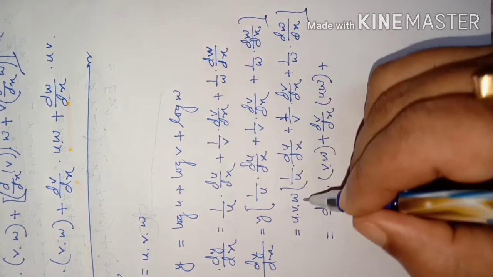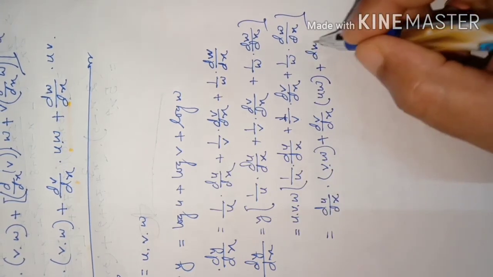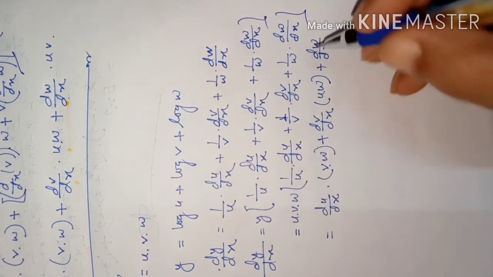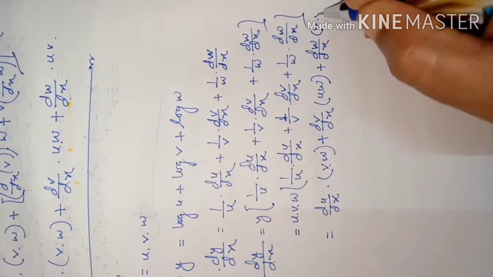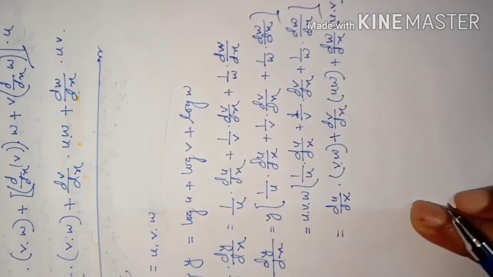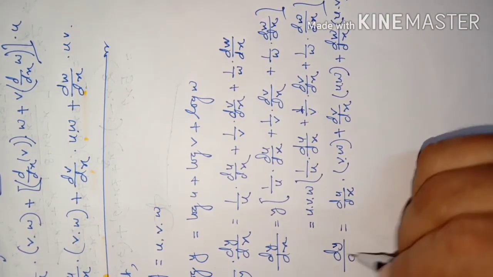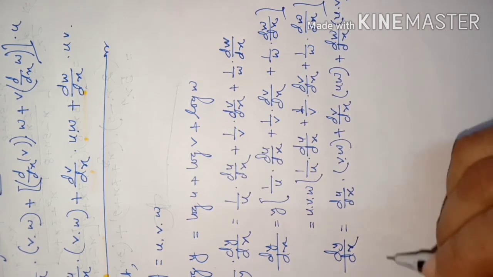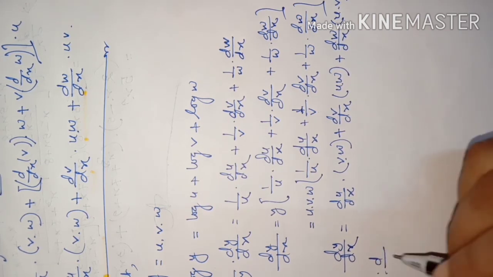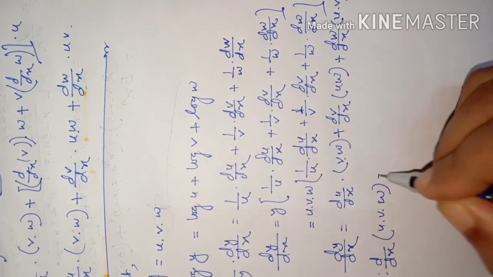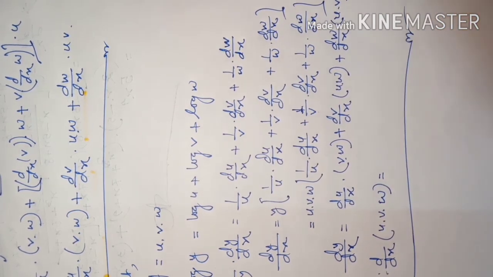Plus, w is cancelled here, then it will be dw by dx into u into v, which is the answer. Before also we got the same answer, so here also dy by dx, which is d/dx of u into v into w. This is our answer. Okay students, thank you.